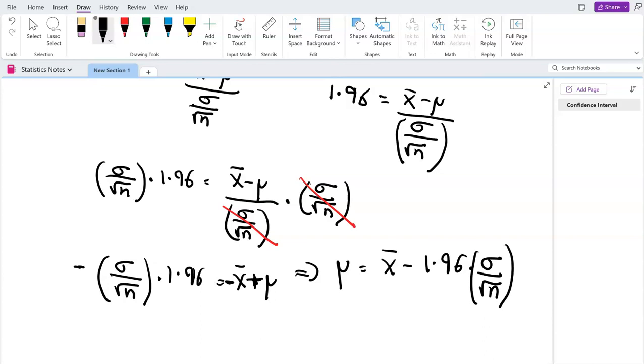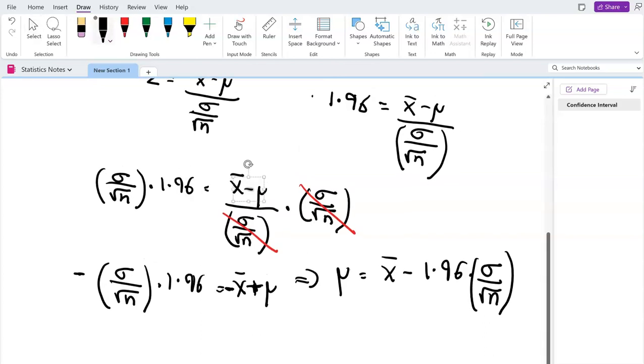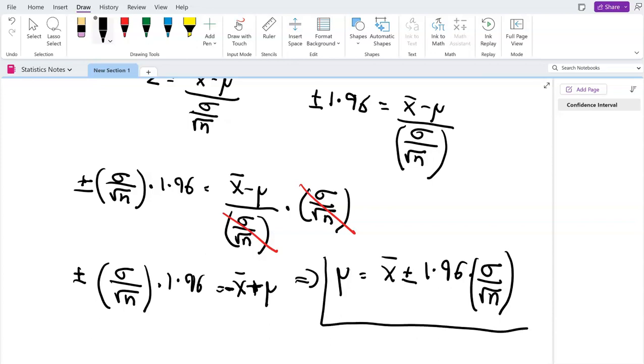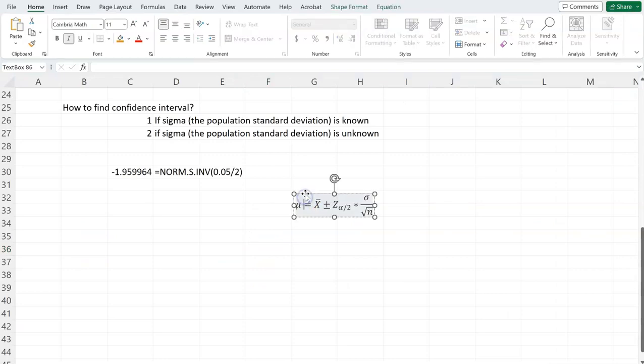Now, this is one side, so the other side would be negative, so we can put a plus minus here. Our formula then becomes plus minus, and this gives us our confidence interval estimate. So writing it in a nicer form, this becomes our formula for the confidence interval estimate.